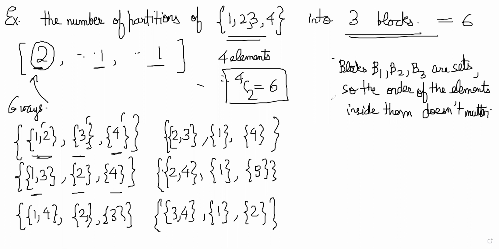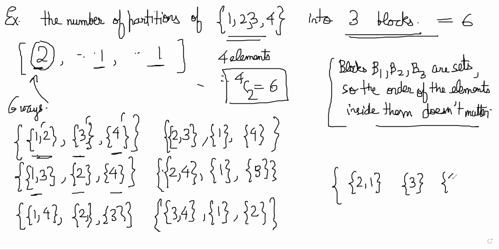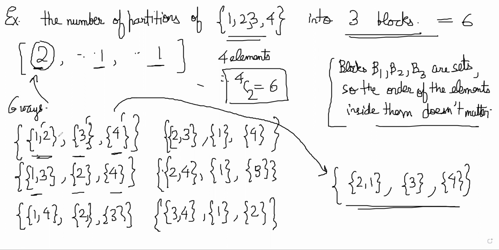So basically what I'm saying is that you cannot create a new partition called 2, 1, 3, 4. 2, 1, 3, 4 is not a different partition, because it is identical to this one. Because the set 1, 2 is the same as the set 2, 1. Order of elements inside a set doesn't matter. So you cannot rearrange it like this and say this is a different partition, right? So we don't count such elements. So that is the first point.